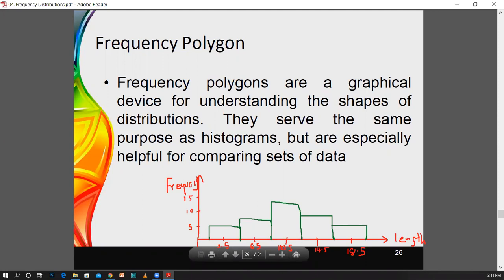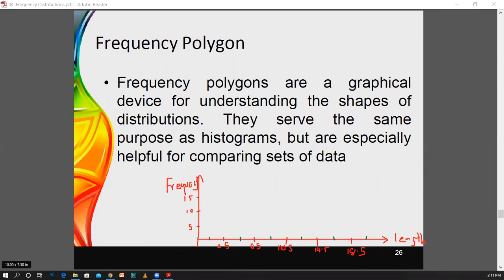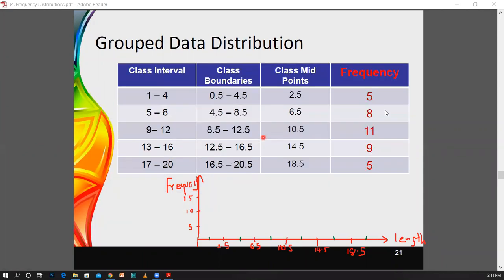Now think about this example. You can see that these are the class midpoints that we have obtained. If you need to construct the frequency polygon for this set of data, what we can do is use these class midpoints.